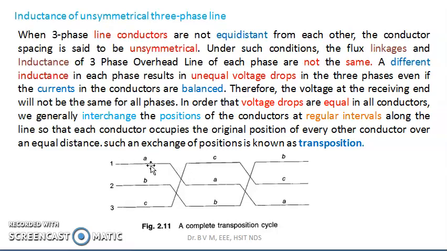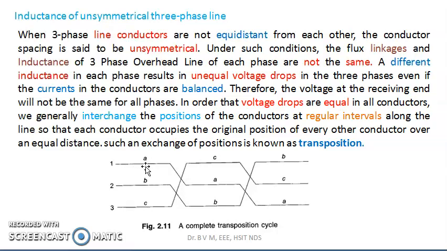Let us first find the flux linkages of conductor A in the first position. How do we calculate lambda A1? A1 indicates conductor A in position 1.